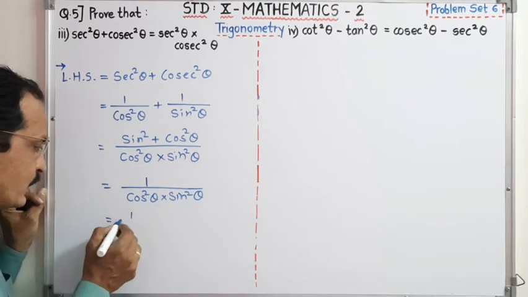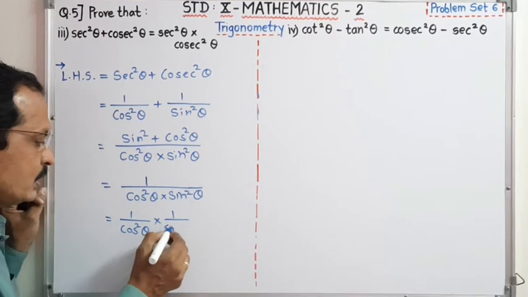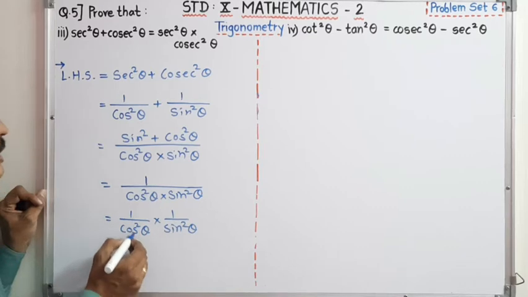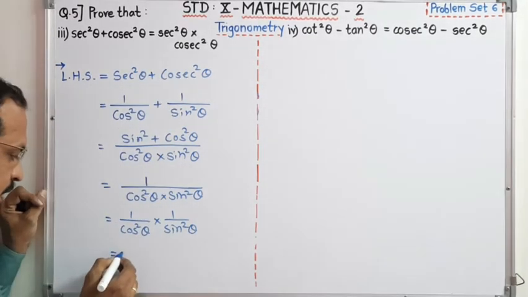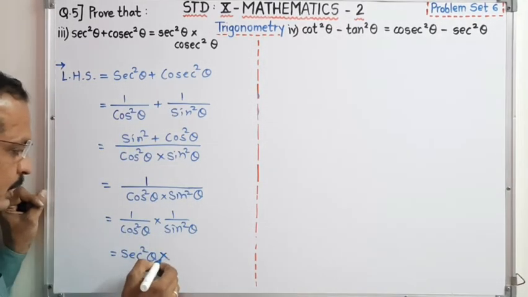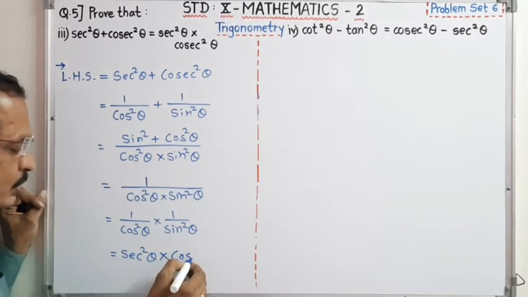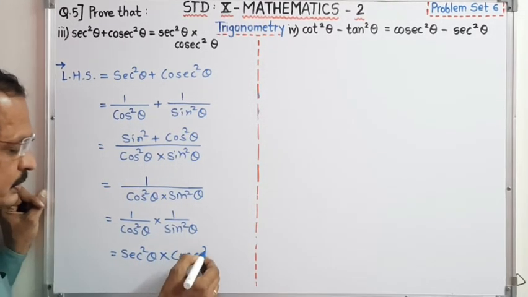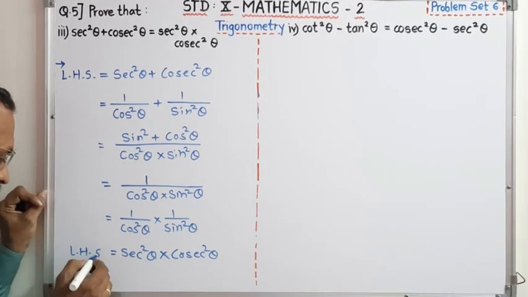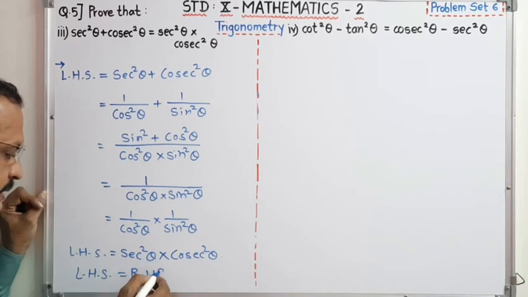Now we write 1 upon cos square theta into 1 upon sin square theta. 1 upon cos square theta is sec square theta, and 1 upon sin square theta is cosec square theta. Therefore LHS is equal to RHS.